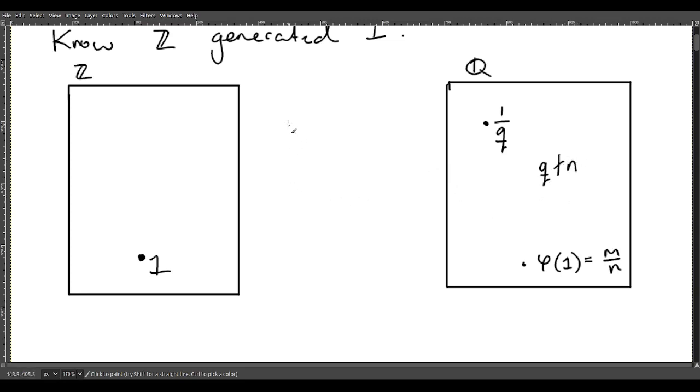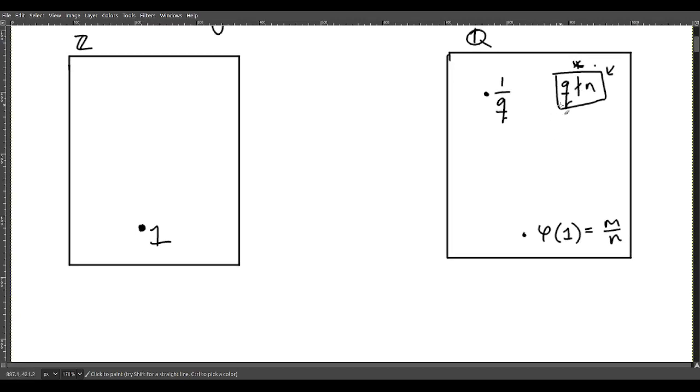If phi of 1 happened to be 1/3, then you could pick your 1 over q to be 1 over 2 or something. Like that's fine, 1/2. And you can always do that. I'll write that here: q does not divide n. Okay, important fact. We'll use this later. This will be used in the actual contradiction point.